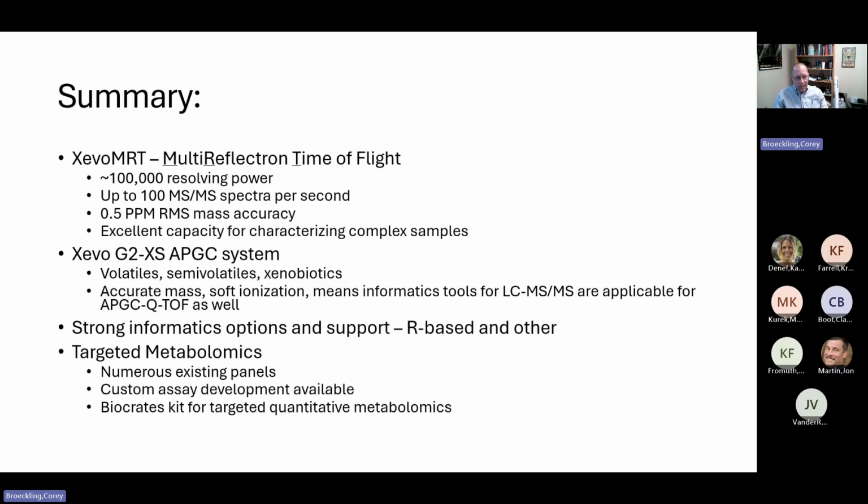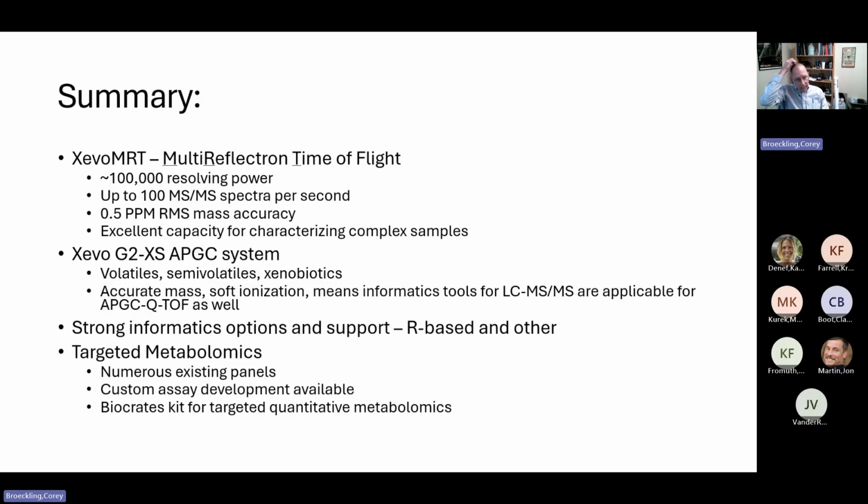This Xevo G2XS APGC system is a pretty unique system where we can get accurate mass MS and MSMS data on a GC coupled instrument. And I see a lot of opportunity here for developing some custom environmental type applications, such as the polyaromatics that I described before. But I think that it's also got a ton of opportunity for applications in the untargeted world.